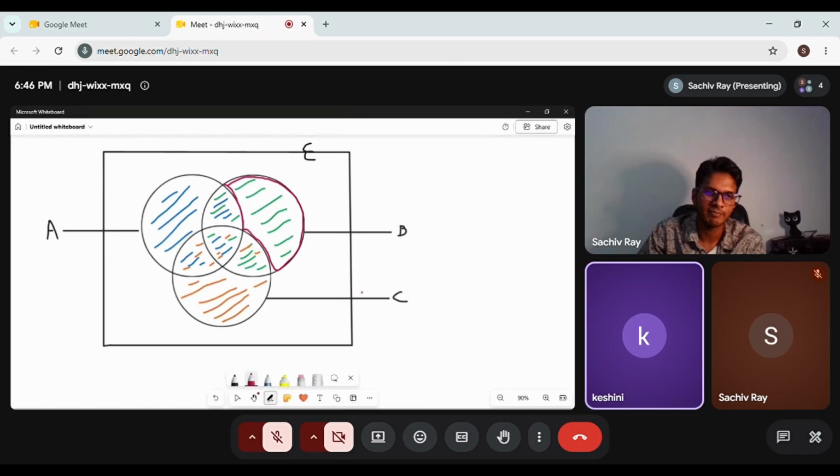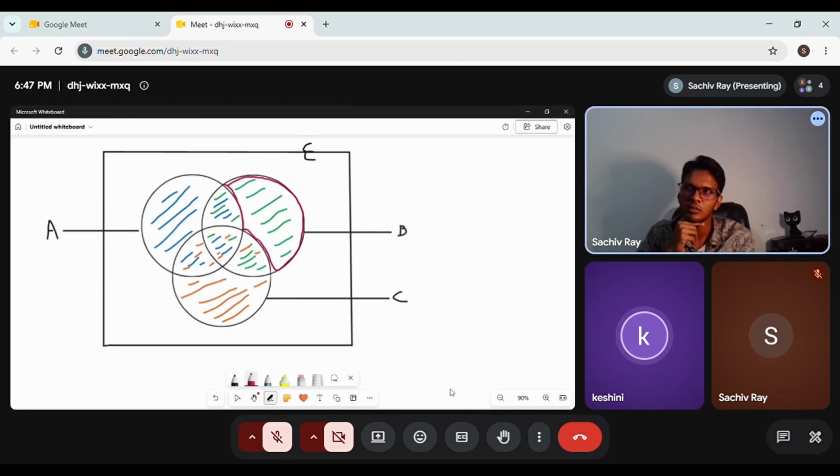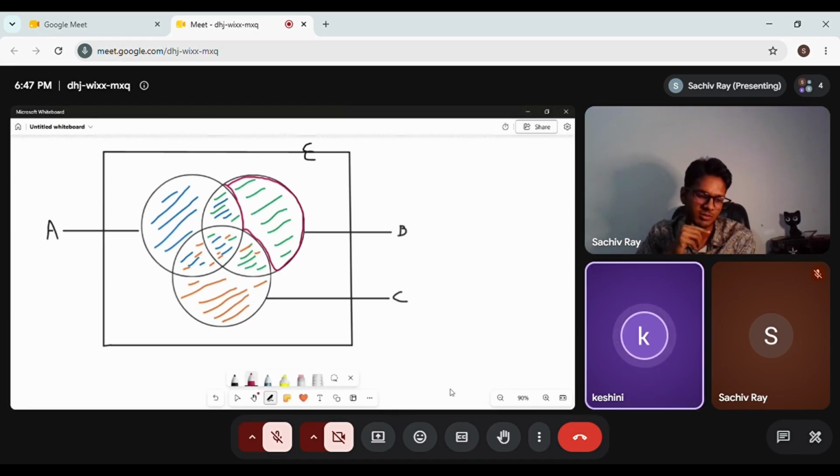So I took B separately, and B is intersected with all the other parts. The circle B is intersected with A and C, but they are not colored. So I wrote B intersection A union C complement.